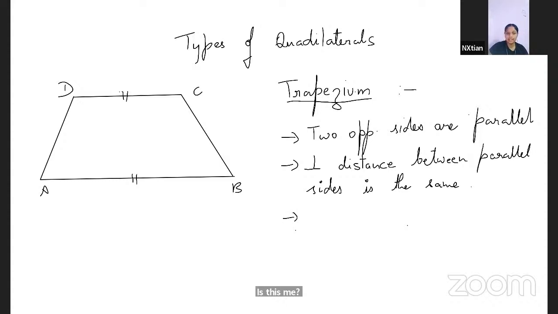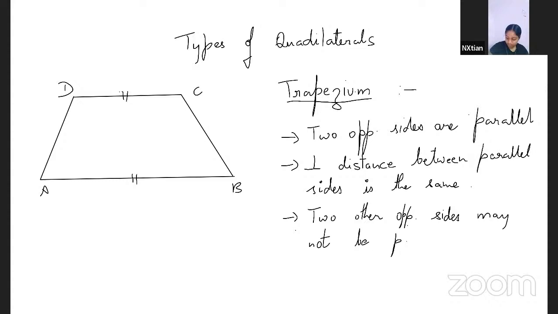The two other opposite sides may not be parallel. Okay, these are the features of the quadrilateral trapezium.